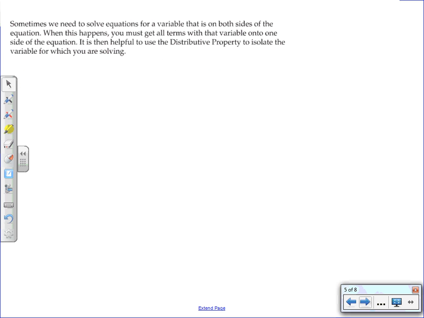Okay, sometimes we need to solve equations for a variable, and the variable is on both sides of the equation. When this happens, you get all the terms with one variable onto one side of the equation first. And it is then helpful to use the distributive property to isolate the variable for which you are solving.